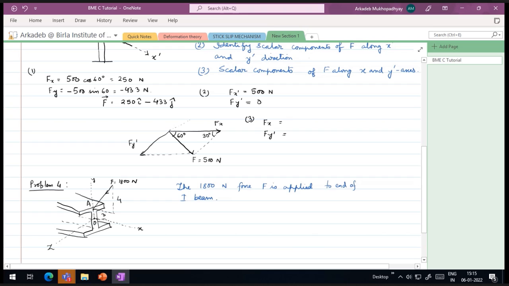Okay. Express F as unit vectors i and j.